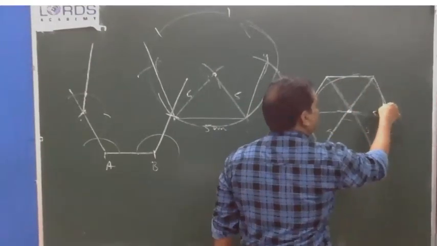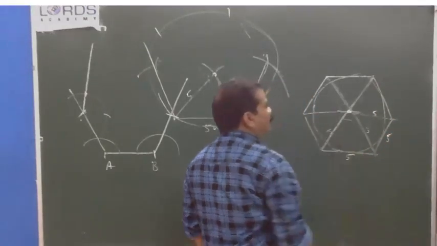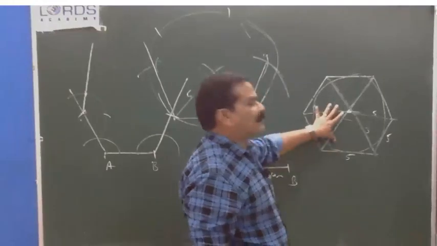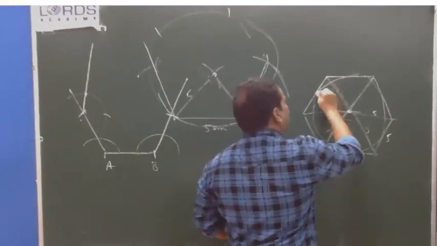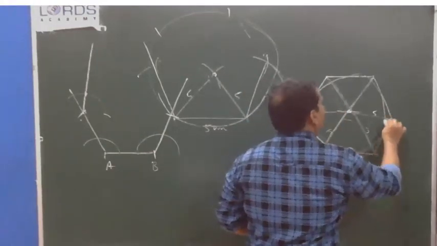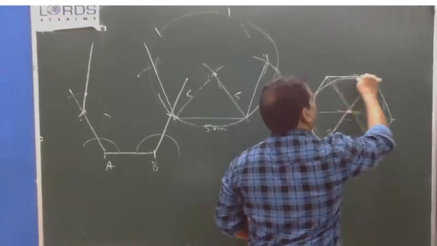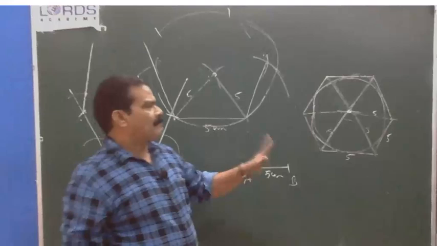If it is correct measurements, the circle will just touch all the sides of this regular hexagon. You will get the answer. It's a very important problem.